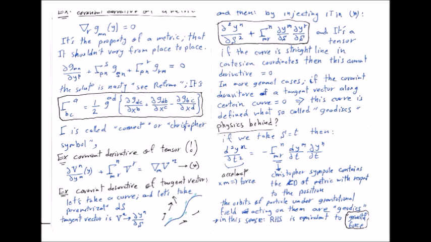What is dVm over dyn? I inject Vm by its component. The Vm component is dxr over dym multiplied by Vr in x. So now I have the derivative of a multiplication of two terms: the first is dxr over dym and the second is Vr.